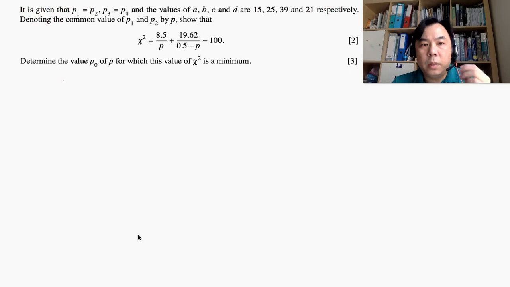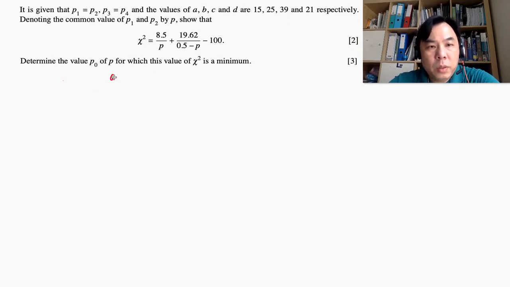All right, our next section here, we need to determine the value p naught of the proportion p for which this value of chi-square is minimum. Now that sounds like calculus to us, or there are other ways you can actually find the minimum, of course, but for these types of functions for chi-square, it's best we apply differentiation here, right?